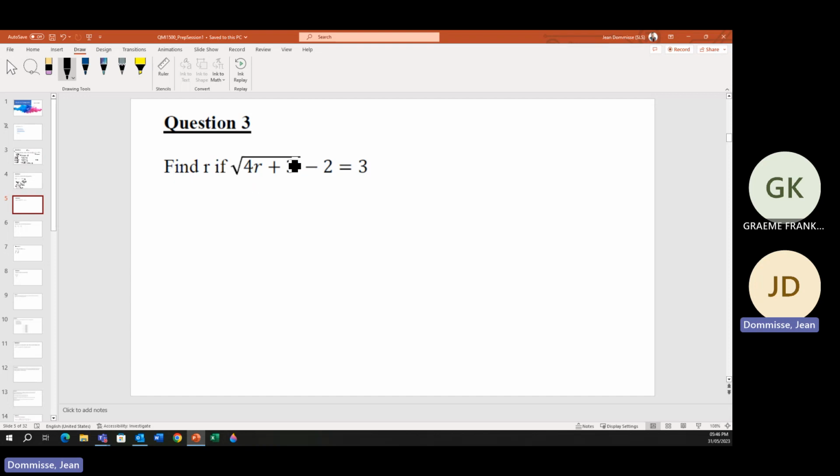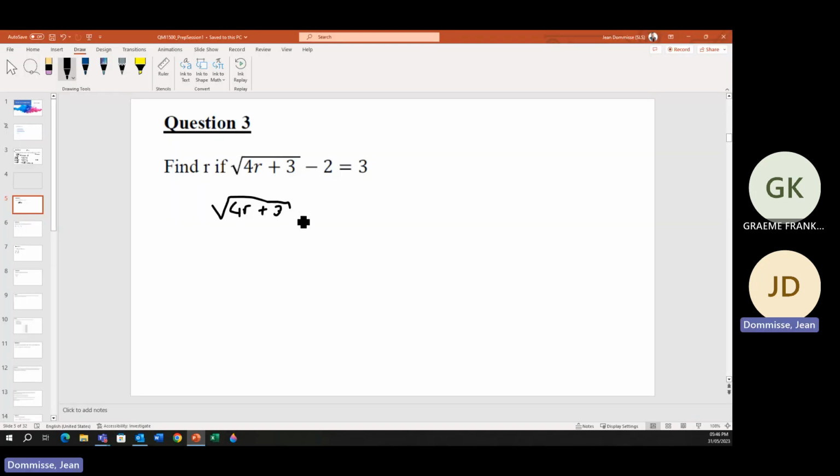We've got a square root on this side, so what I will do first is simplify it so that I've got the square root on the one side and the rest on the other side. So the square root of 4r plus 3 is equal to 3, and let's say we take the -2 over. So if we take the -2 over, it is 3 plus 2, which is 5.